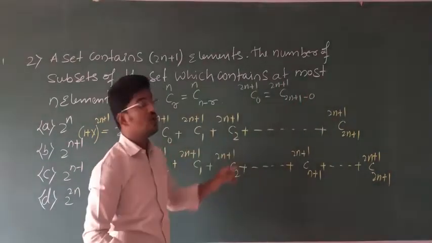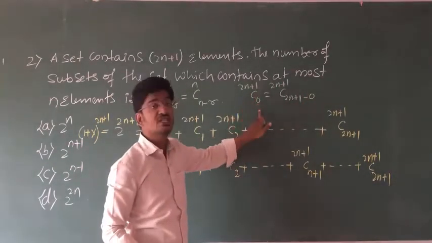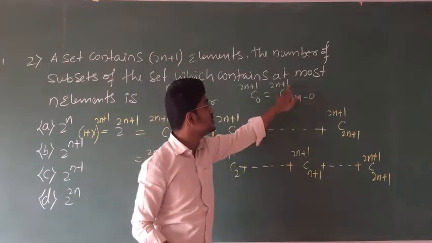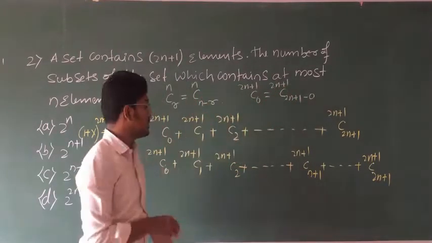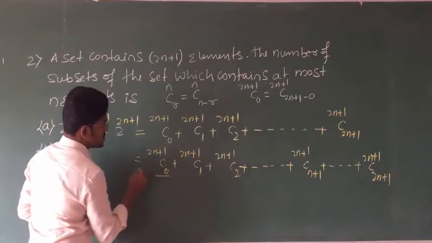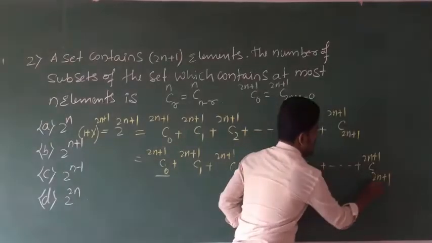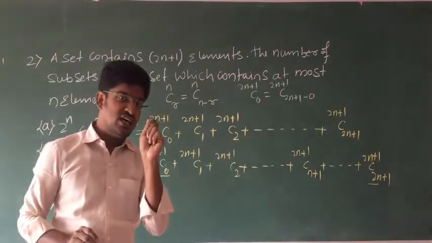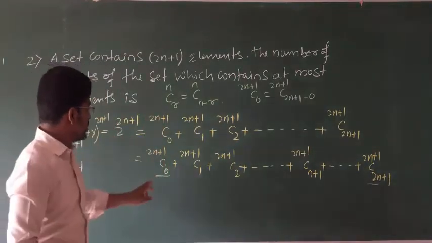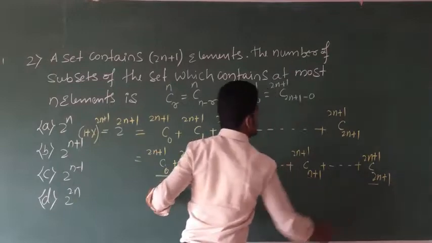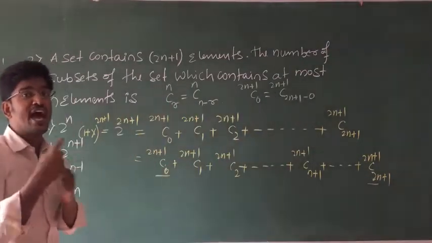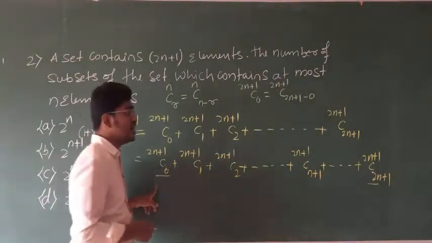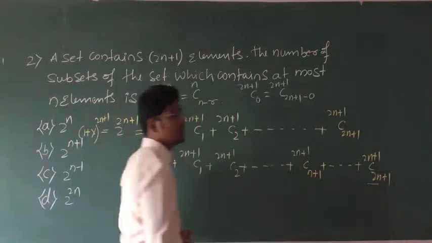So 2n plus 1 C0 is equal to 2n plus 1 C 2n plus 1. That means your first term and the last term are going to be the same. Here there is one hint. If I add these two terms, then it is going to be 2 times. Are you getting my point?